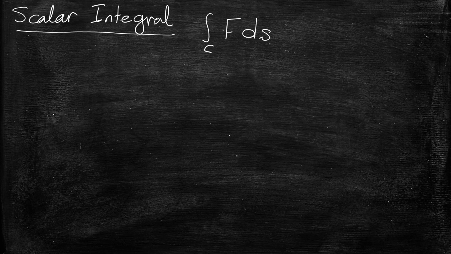We are integrating from some point in space P to some other point in space Q, along a path C, and we need to evaluate the function f along this path, which is an open path from P to Q.